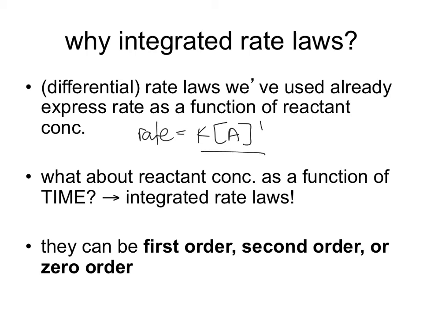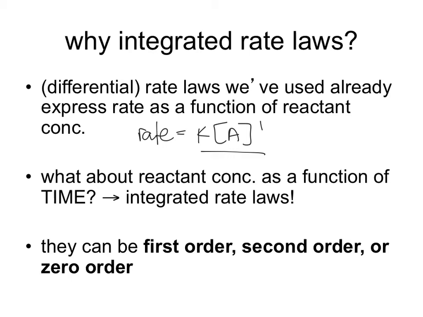Now, the integrated rate laws allow us to relate the concentration of a reactant as a function of time. So it allows us to expand upon a way that we can analyze the kinetics of a specific reaction. These can be first order, second order, or 0th order.